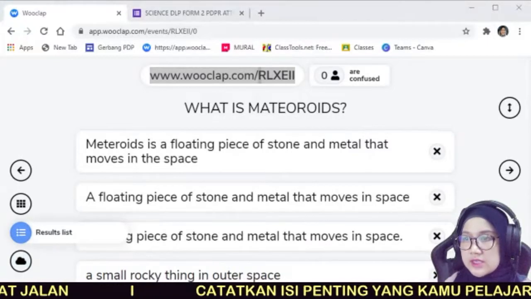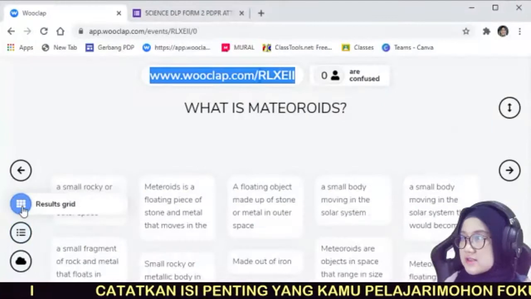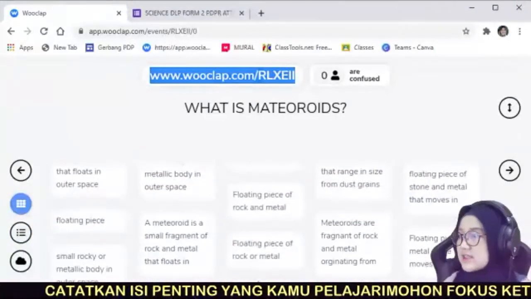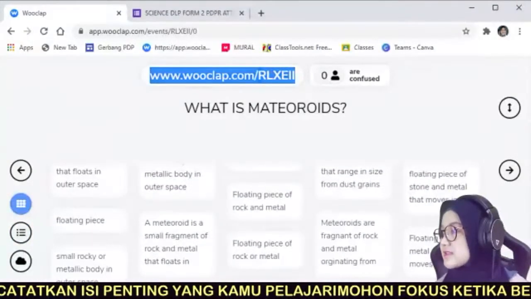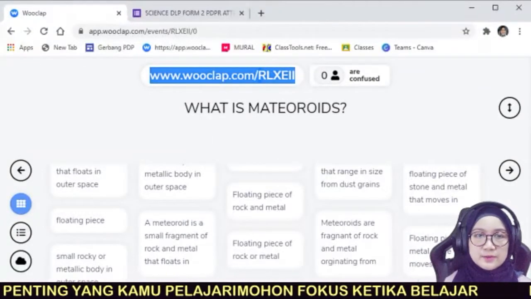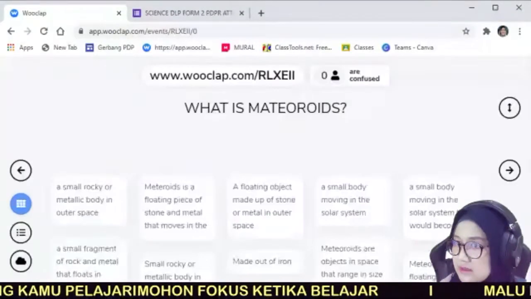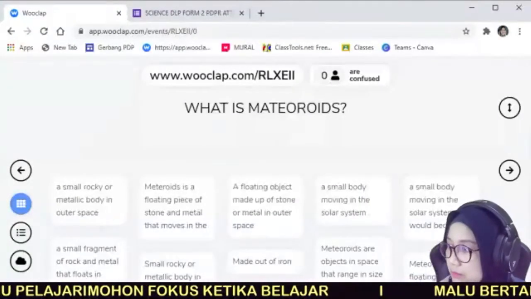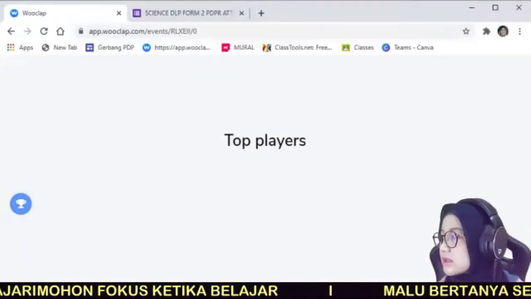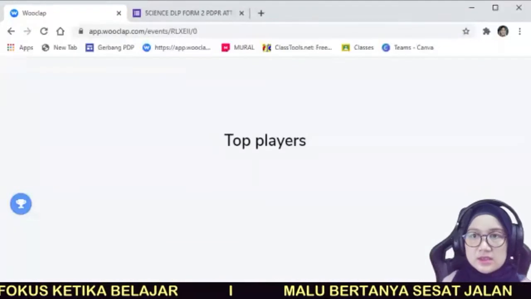Now we are going to see the results grid. Okay, what is the correct answer for this? Let's see the winner. Who is the winner? Where is the top player now? Only 34 of you have joined, not all.